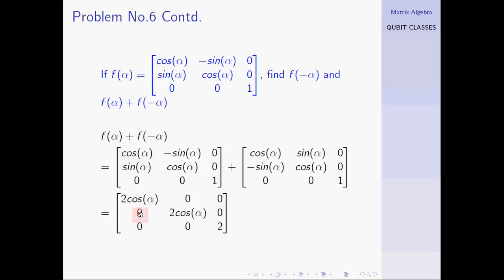Even here you will get 0 because you have sin alpha and minus sin alpha. Cos alpha and cos alpha will become 2 cos alpha. These two terms will give you 0. So in the last row, you'll get 0, 0 and 2.